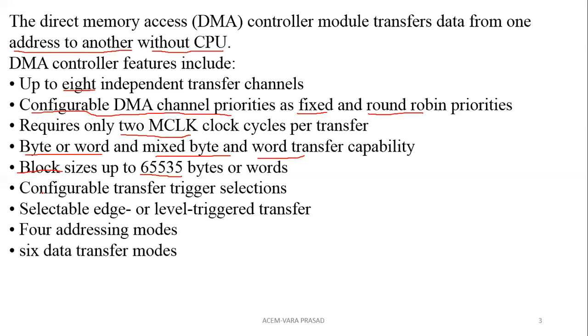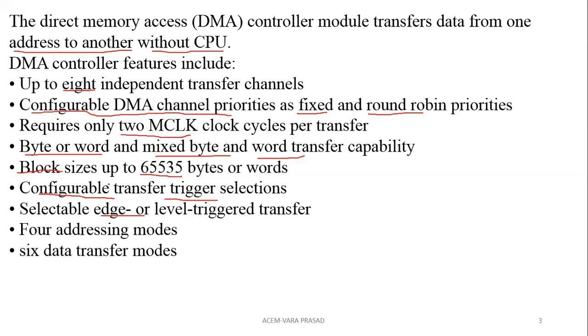Then it is configurable through programming. You can select any triggers, and you can also select the triggerings. How many triggerings? 32 triggerings. Those 32 triggerings are either edge triggering or level triggering.